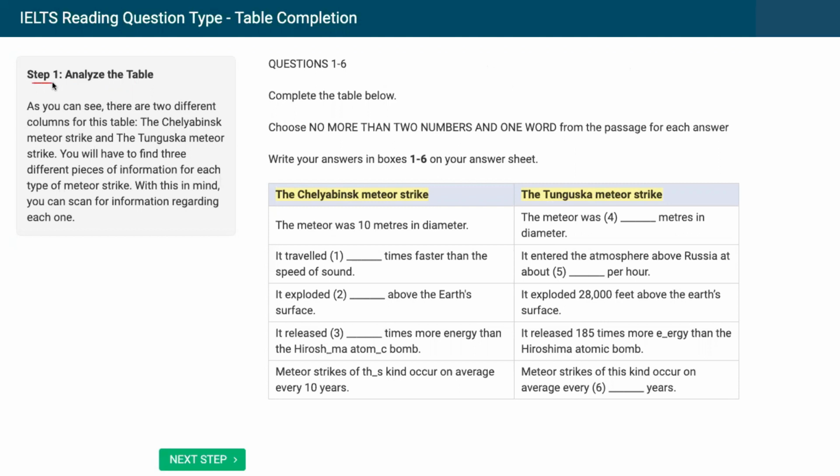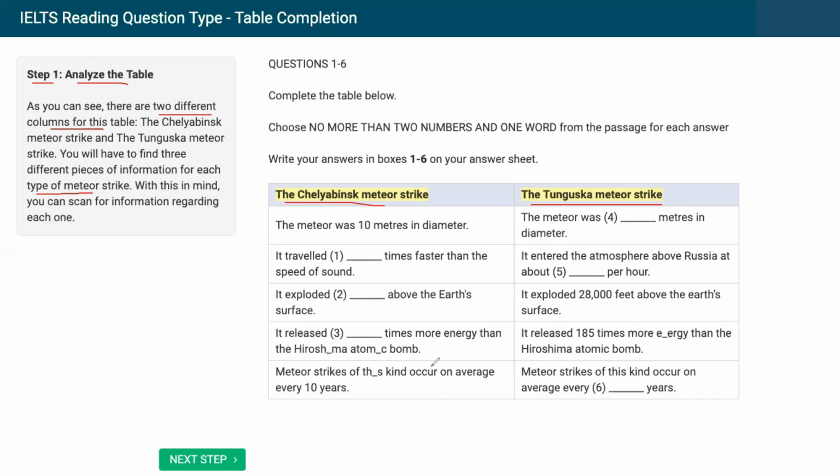Okay, so here we are with step 1. We're going to analyze the table. On the right-hand side, you see we have the table here with our questions 1 through 6. So we have 3 questions on the left-hand side and 3 questions on the right-hand side. There are 2 different columns for this table: the Chelyabinsk meteor strike and the Tunguska meteor strike. And again, we'll have to find 3 different pieces of information for each type of meteor strike.